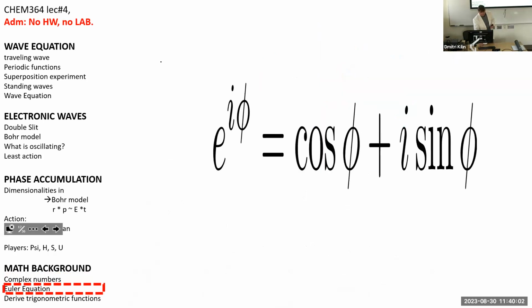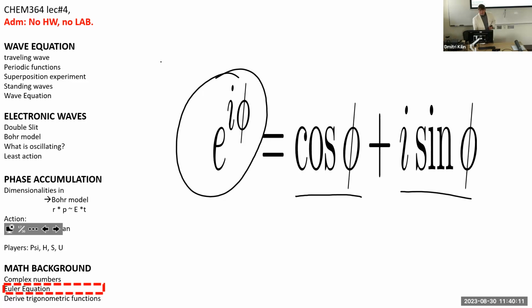It's a little challenge for human laziness to write this long cosine and sine. One can just symbolically combine them into this notation.